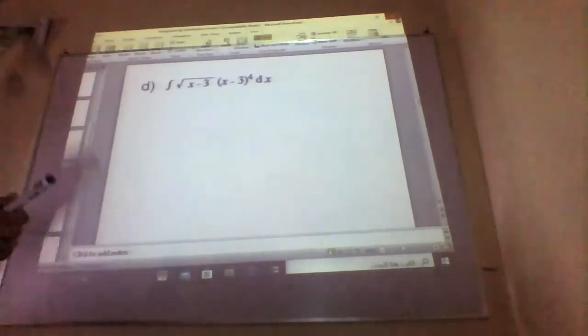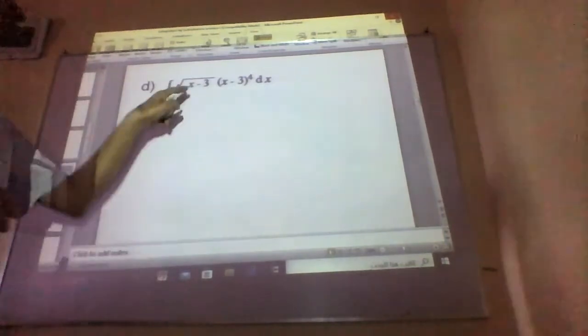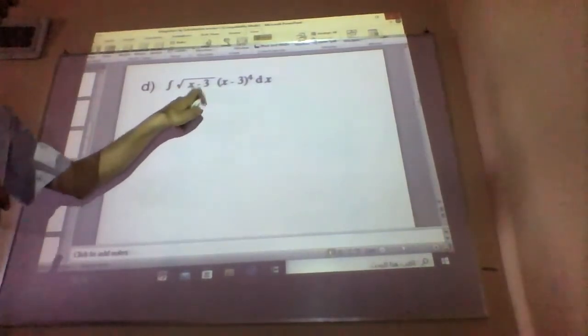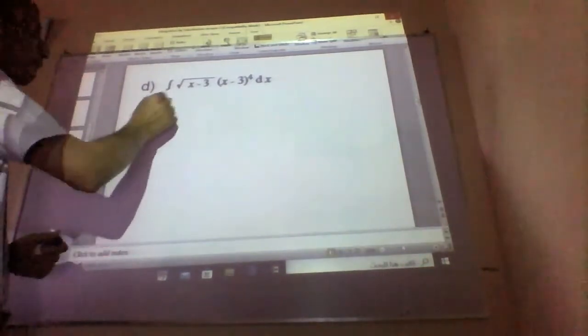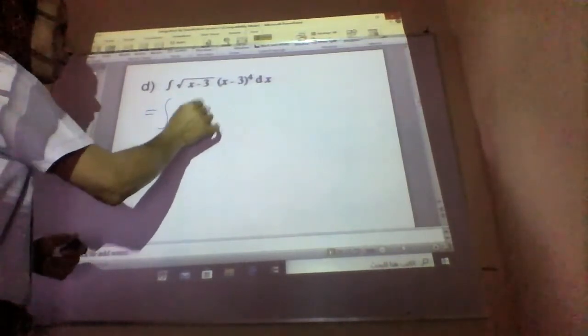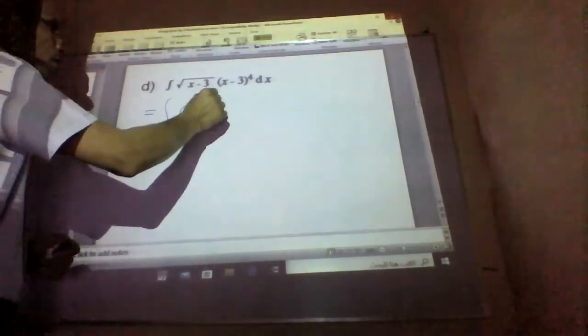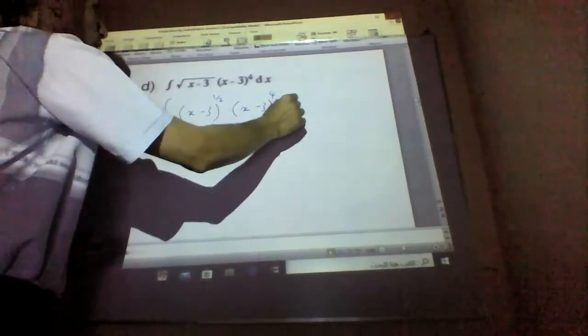Now we have another example: square root of (x minus 3) multiplied by (x minus 3) power 4. The square root of x minus 3 will be (x minus 3) power half, multiplied by (x minus 3) power 4 dx.